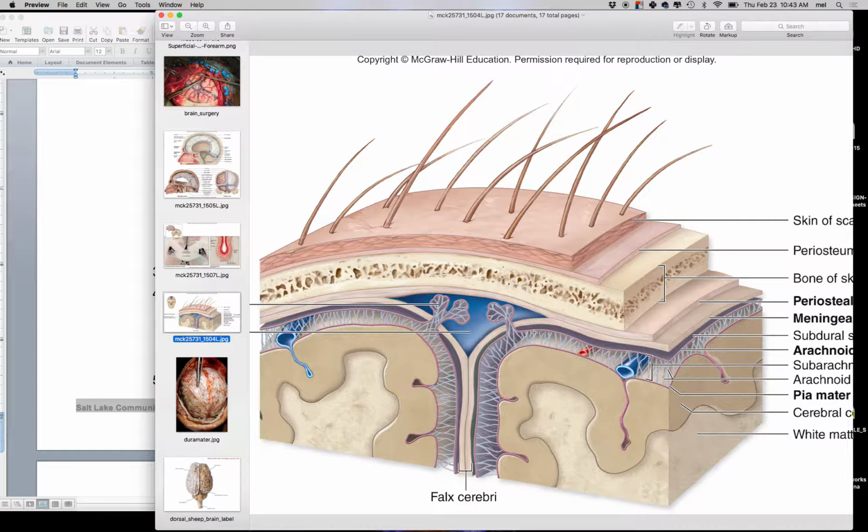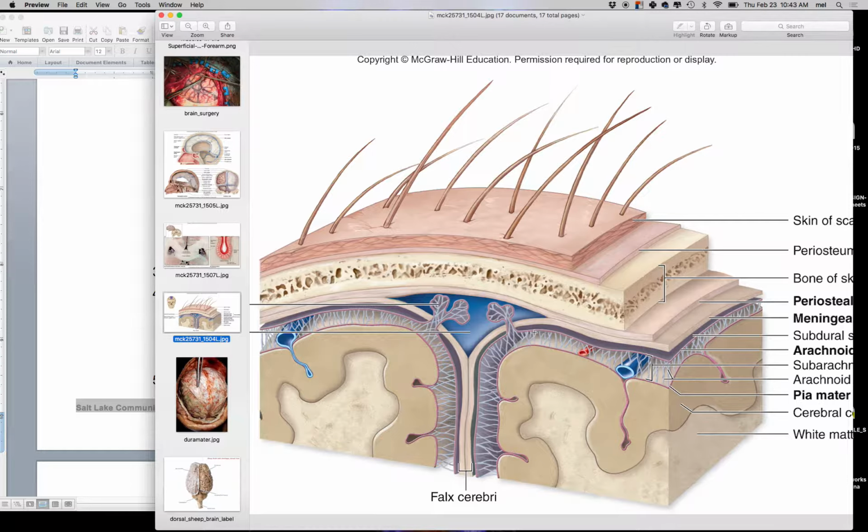Okay. So I'm a little confused, I guess, where the subdural space is to the arachnoid. It's right here, just that little space. There's hardly anything in it except just a little bit of interstitial fluid. It's not functionally important unless, of course, you get a subdural hematoma.